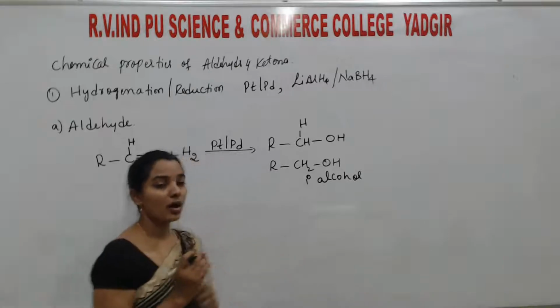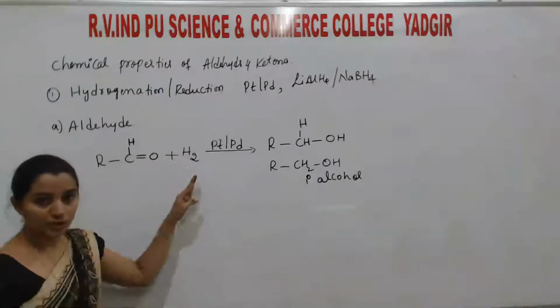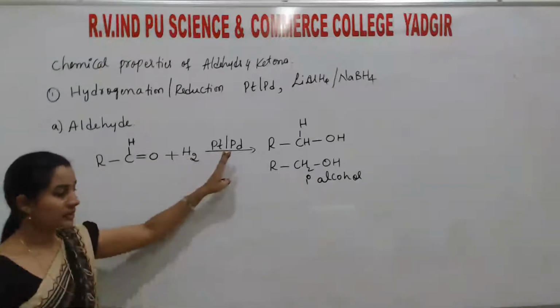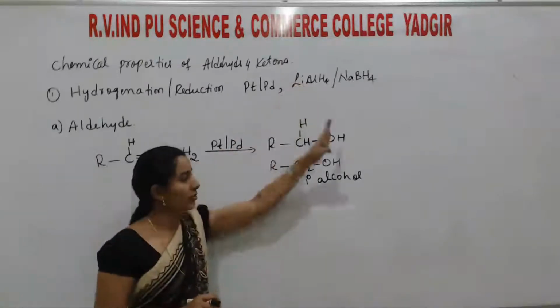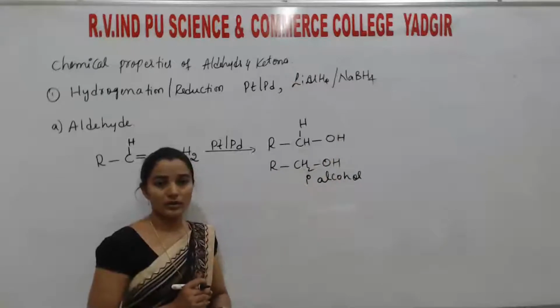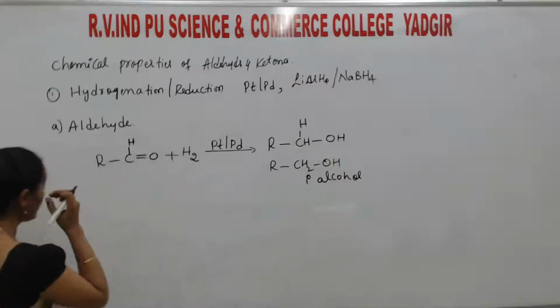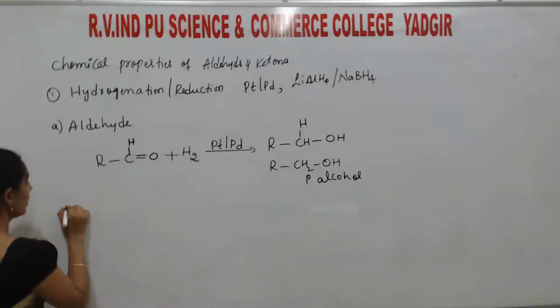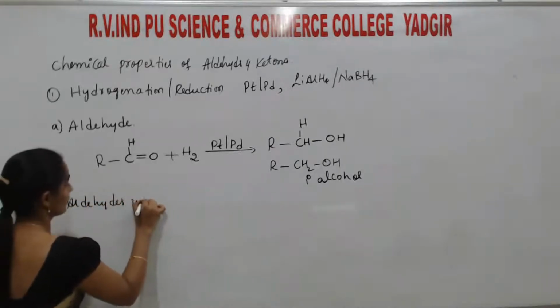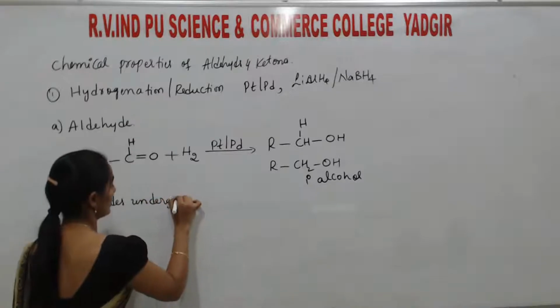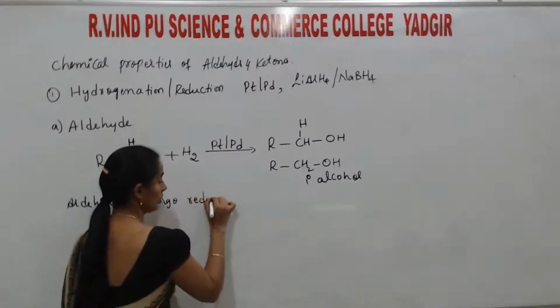Understood? So aldehydes upon hydrogenation or reduction in presence of any catalyst, or it may be these hydrides, give primary alcohols. If you want to write it, you may write: aldehydes undergo reduction.